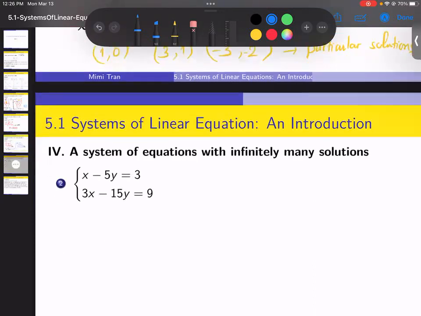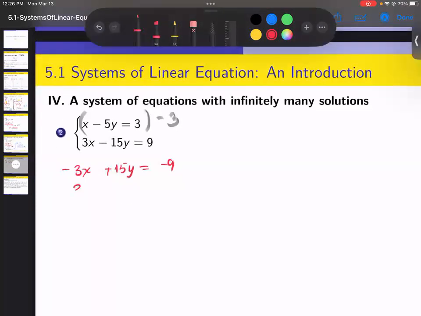Naturally, I multiply the first equation by -3. I have -3x plus 15y equals -9. Rewrite the second one. So 0 equals 0.